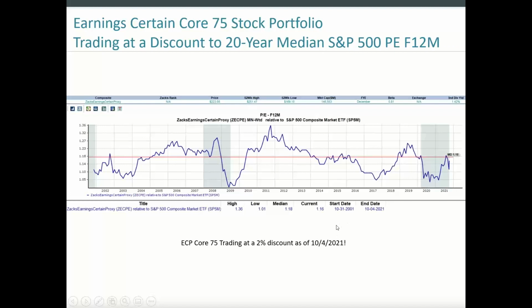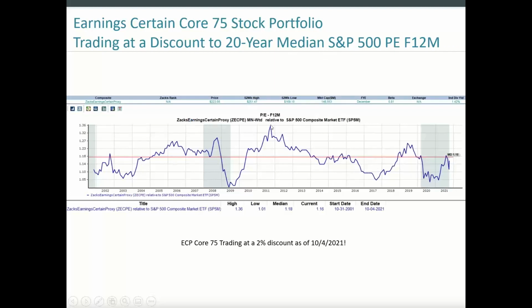So the idea is, right now, you want to explain to your clients that you can have all the benefits of the earnings certain family methodology, if you will, and safety and downside protection and everything else, the superior return per unit of risk. And it's actually trading at a 2% discount right now to the 20-year median of the S&P 500.